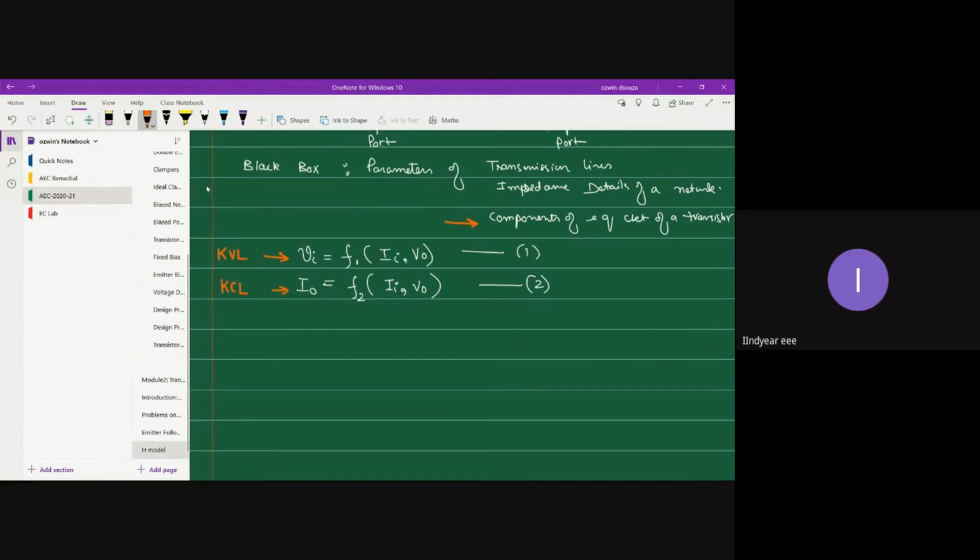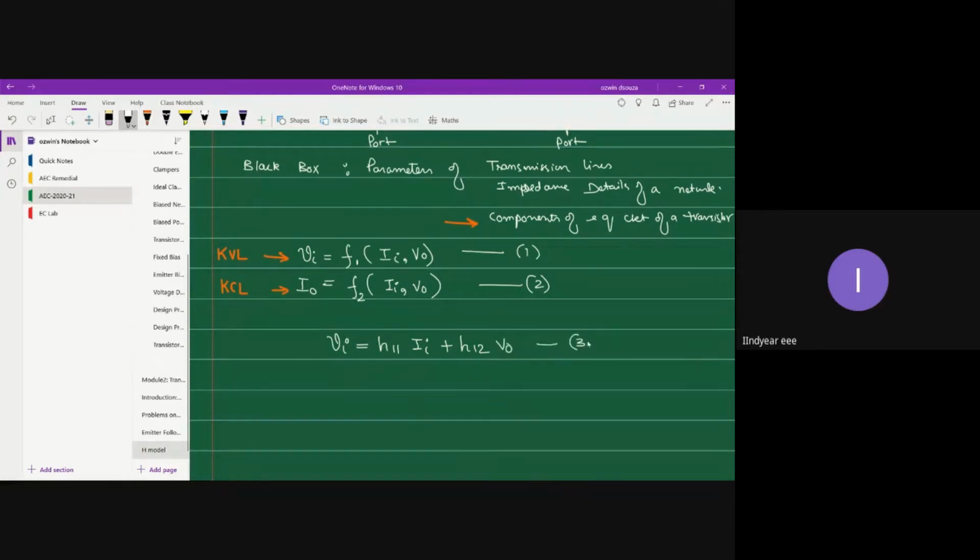Let's write Vi as a linear algebraic equation: Vi is equal to some unknown H11 times the independent variable Ii plus some unknown H12 times the independent variable V0.